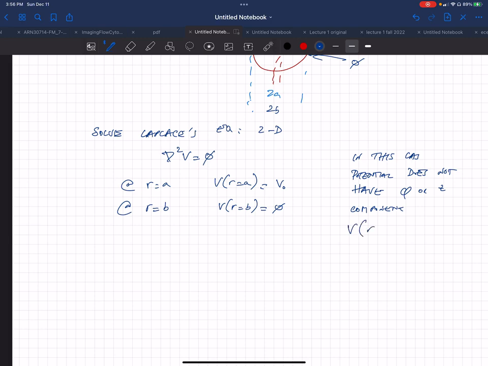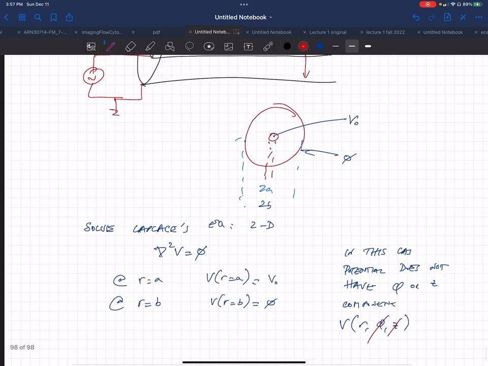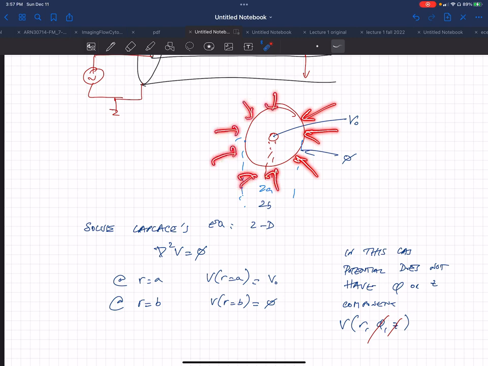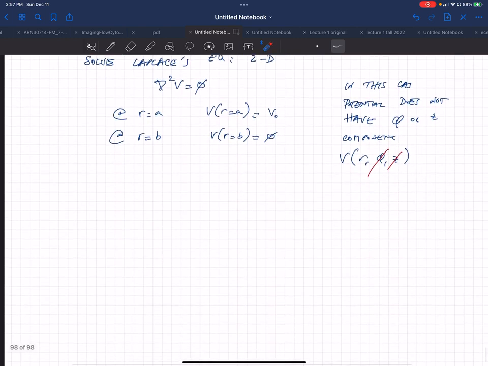If the potential was a function of r, phi, and z in cylindrical coordinates, the phi and the z would be zero because, again, we have a very symmetric situation. No matter what direction I look at this, it looks the same. So there's no phi or z components.